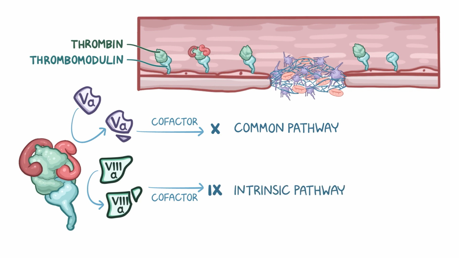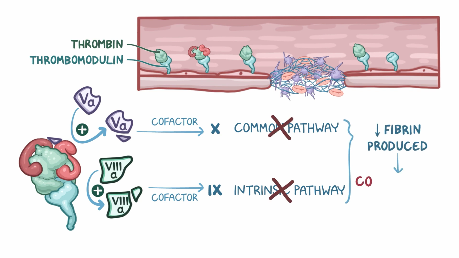The factor V degradation product also binds to this complex and further enhances its ability to cleave more active factor V and active factor 8. By inhibiting both the intrinsic and common pathway, less fibrin is produced and coagulation slows down dramatically.